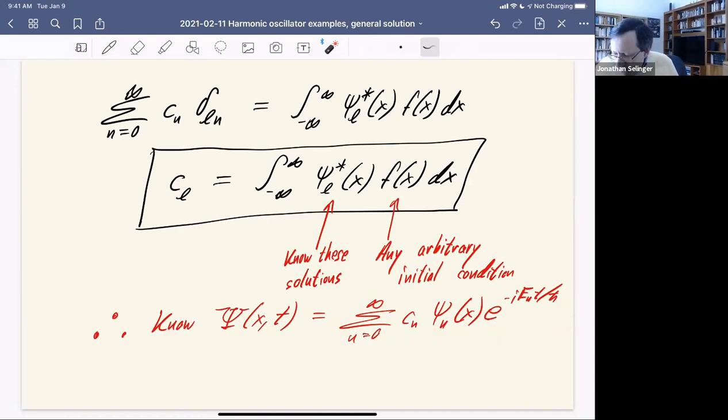The solutions are different functions, but they actually have some similarities if we look at the plots, and we can tell from looking at a plot what's a higher or lower energy state.